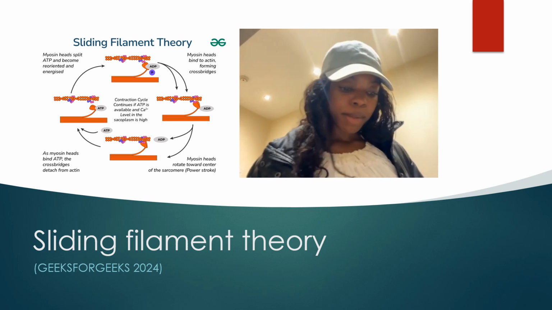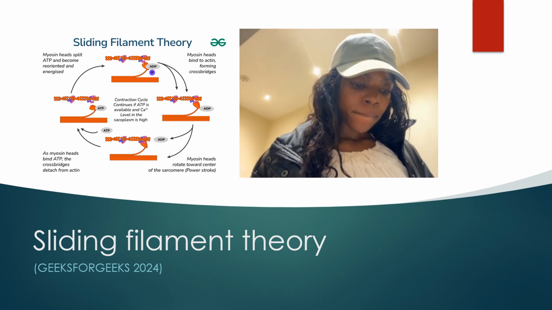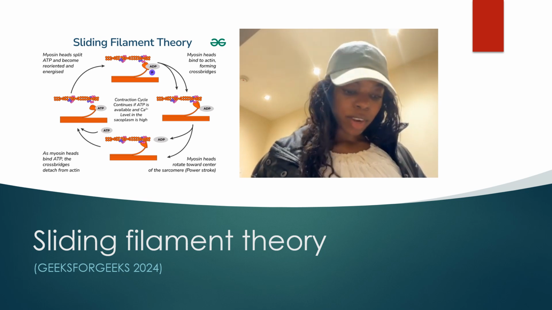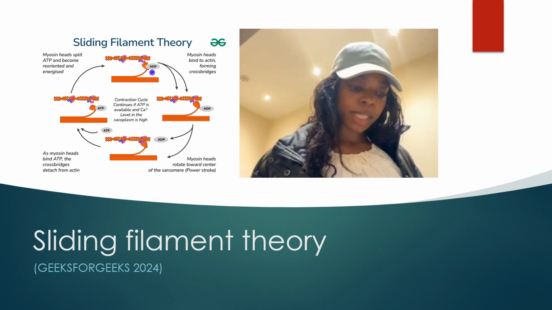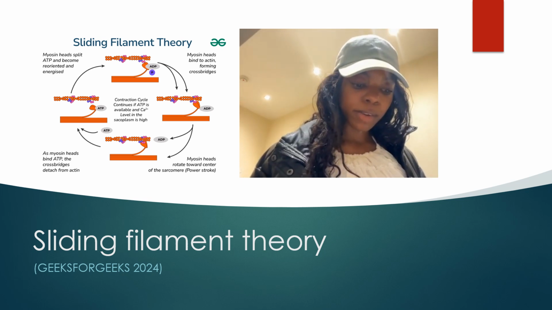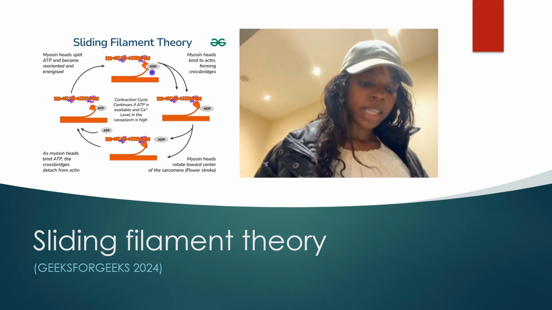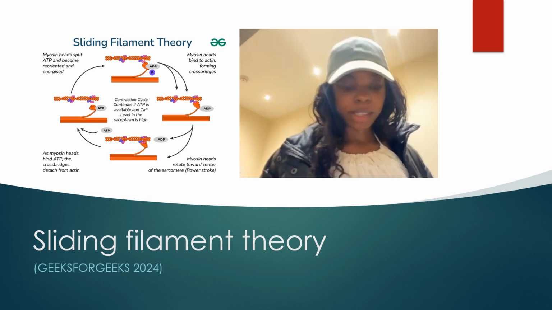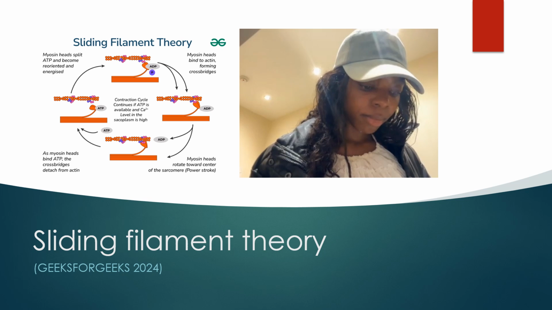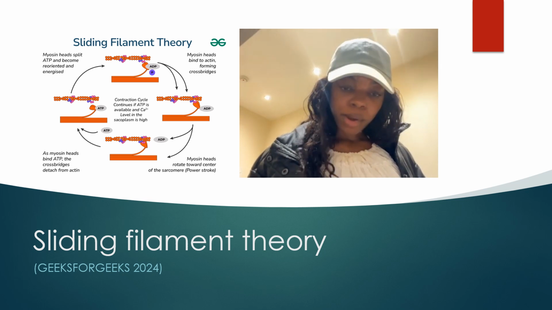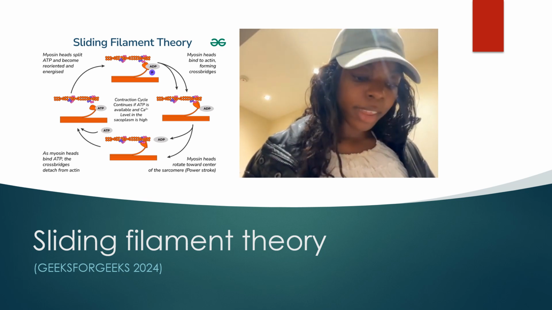The sliding filament theory of muscle contraction involves steps like these. Resting state: actin and myosin filaments overlap only slightly and muscle fibers are relaxed. A nerve impulse stimulates the muscle fibers.